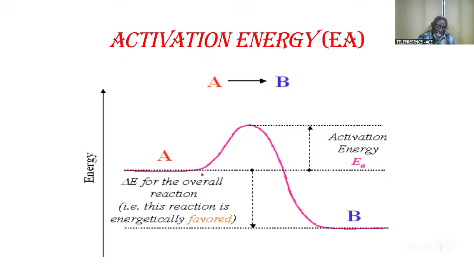So delta E for the overall reaction. This reaction is energetically favored. The way it goes shows the energy. Can you see the reactant has a higher energy than the product, and so it's energetically favored. This is the activation energy, the minimum energy that a molecule must possess in order to form the product.